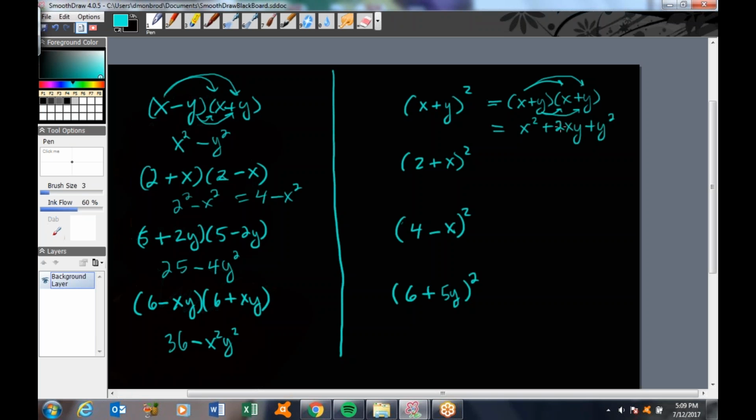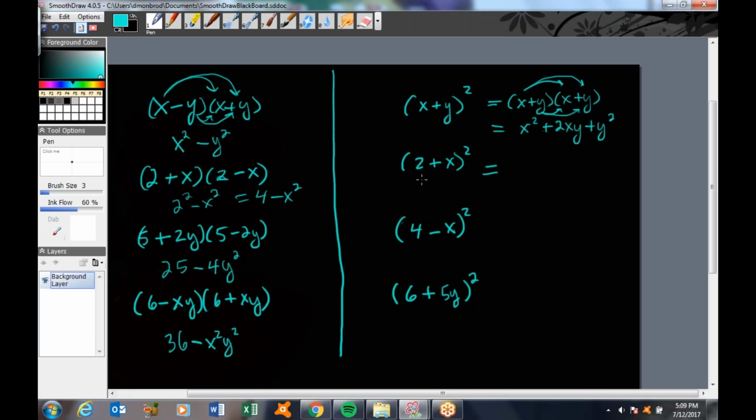And this pattern would repeat itself, and the pattern is that you have the x, you'd have x squared, you have the y, you'd have a y squared. And the middle term is going to be the product of x and y, in this case, doubled. And that will always happen.